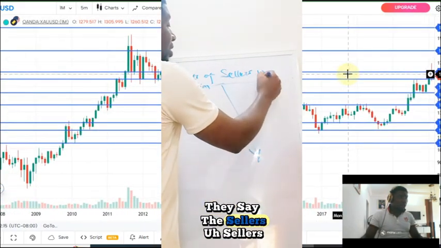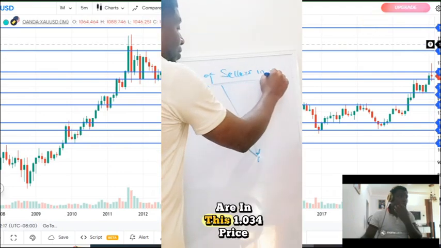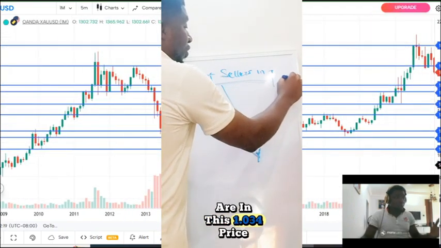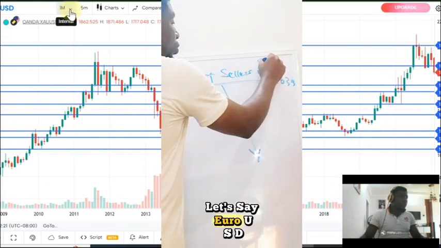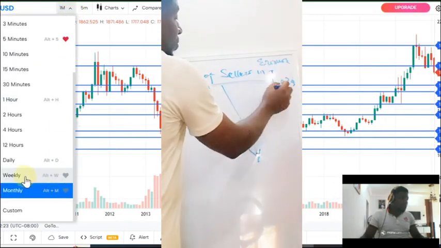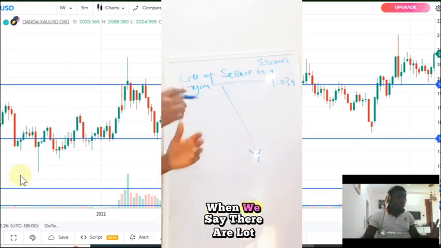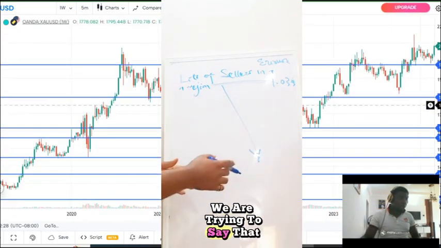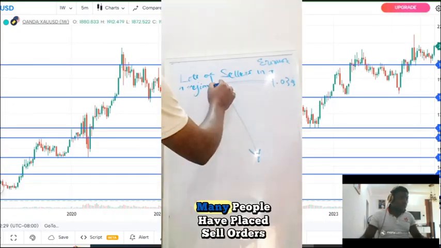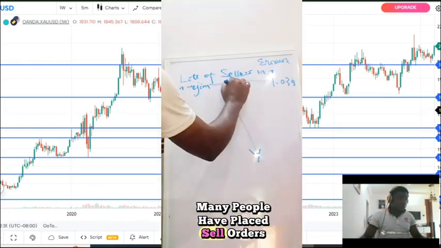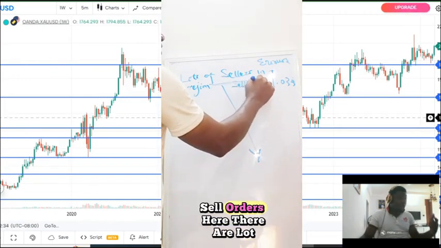Let's say the sellers are at the 1.034 price, let's say EUR/USD. There are a lot of sellers here. When we say there are a lot of sellers, we are trying to say that many people have placed sell orders here.